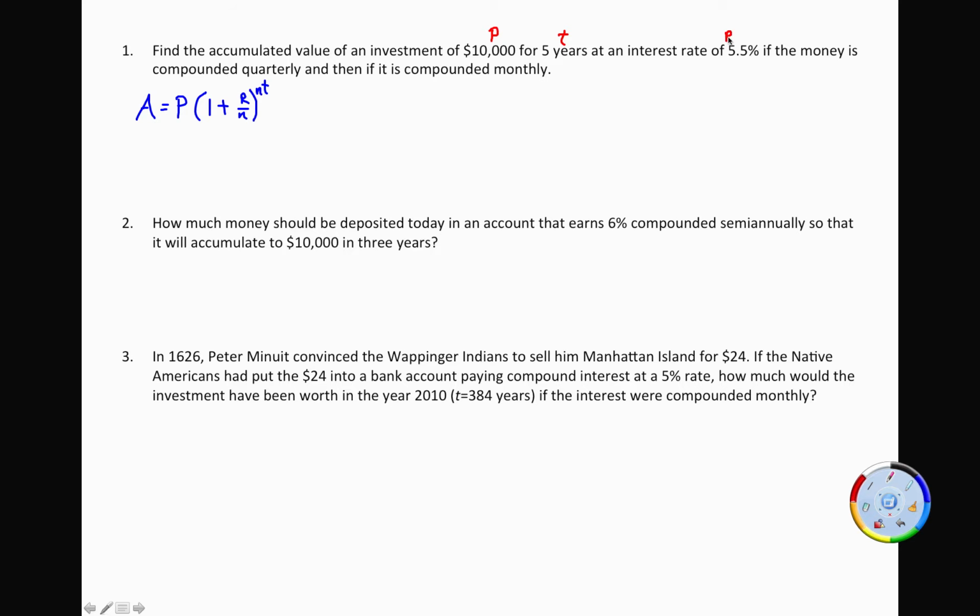The 5.5% is obviously my rate of interest, but I need to change it to a decimal, so I'm going to make that 0.055 to plug into my formula. And compounded quarterly means N is 4 because there are 4 quarters in a year.